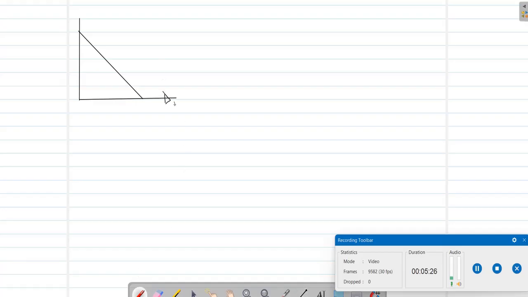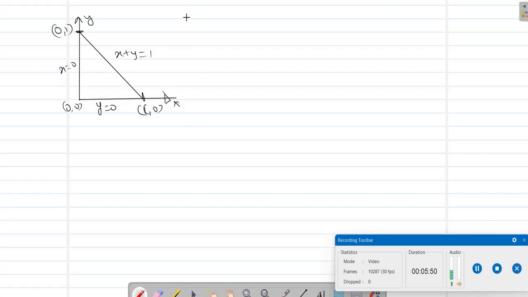The equations are y equal to 0, x equal to 0, x plus y equal to 1. This point is 0, 0. This point is going to be 1, 0, and this point is going to be 0, 1.